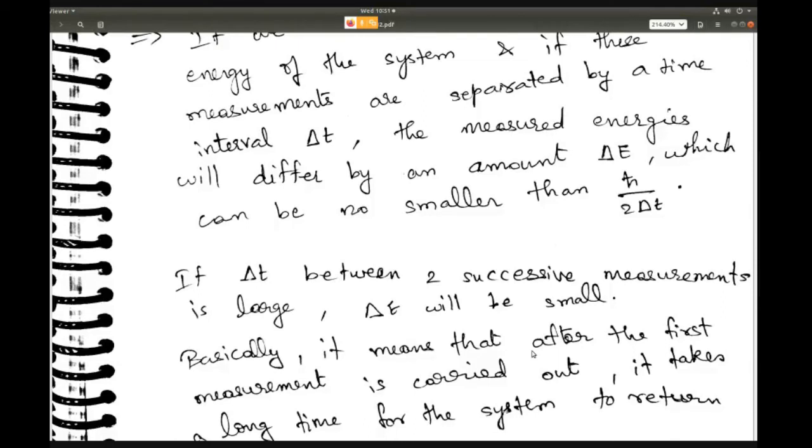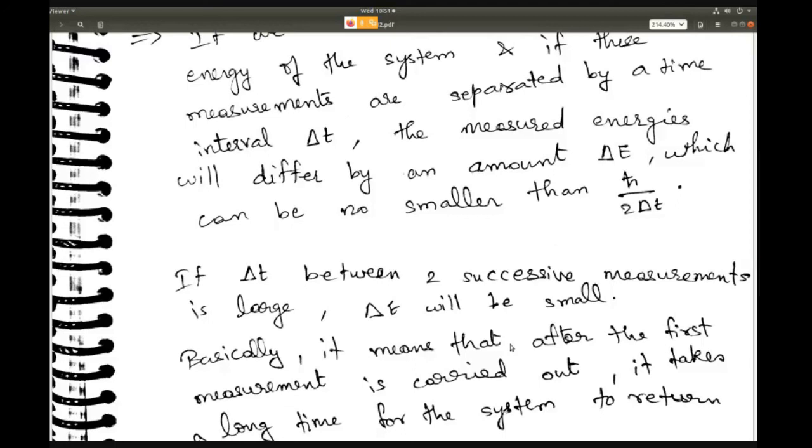Why does this happen? If you measure the energy once, then the act of merely measuring something perturbs the system.